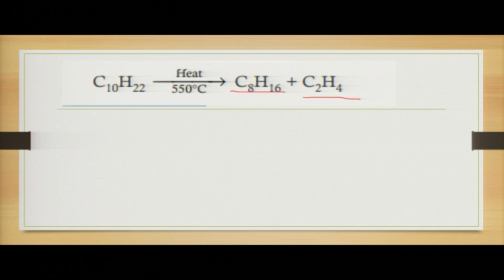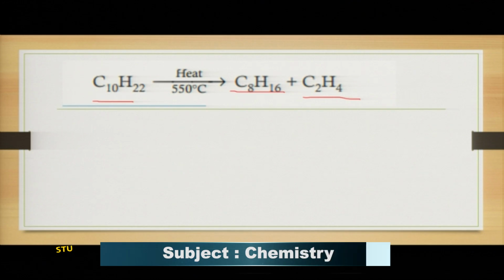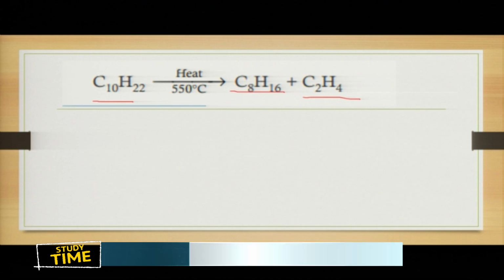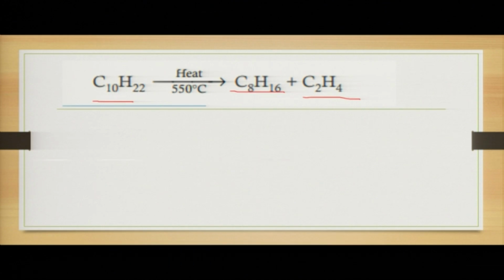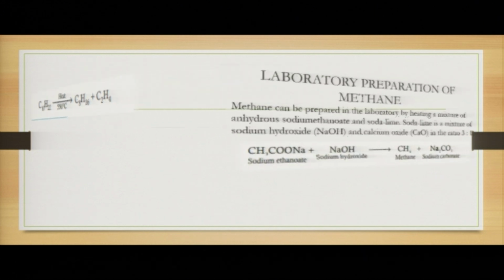So this is a bigger molecule with many carbon atoms, and when it is heated at high temperatures, it breaks down into smaller useful molecules, which will produce an alkene, an alkane, and sometimes hydrogen can also be liberated.